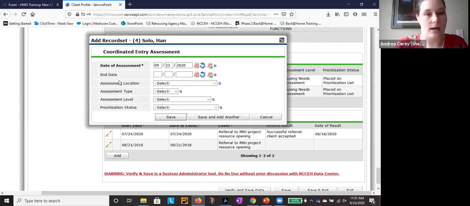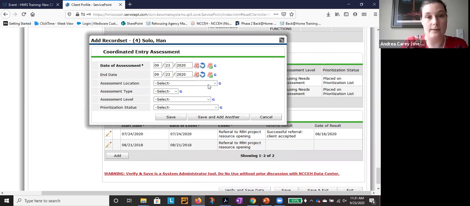And here we're going to note the date of the assessment, just today's date. This date should pop up automatically. If you're in backdate mode, it'll be your backdate date, and if not, it'll be your current date. And I'm going to put in the same end date here. Just use that check mark there to set to current date, 9/23.